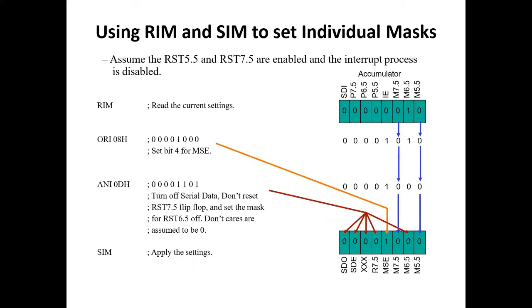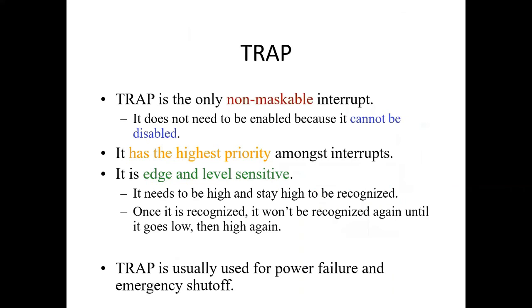ANI 0DH does the AND operation of the bits of the accumulator and 0DH. Thus, it turns off the serial data, doesn't reset the RST 7.5 flip-flop, and sets the mask for RST 6.5 off. Don't cares are assumed to be 0. And the SIM instruction applies the settings.